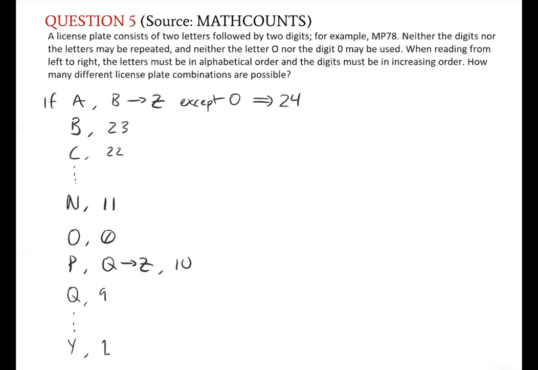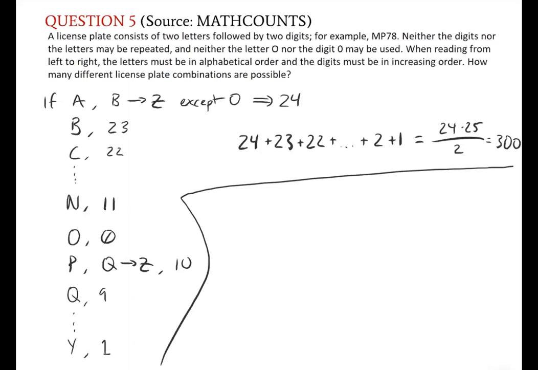And you cannot use the letter Z since there is no letter after Z. So for the letters, you have a total of 24 plus 23 plus 22, and so on, plus 2 plus 1. And if you add those all up, you can use the sum of consecutive numbers formula, which is 24 times 25 divided by 2, that's equal to 300.